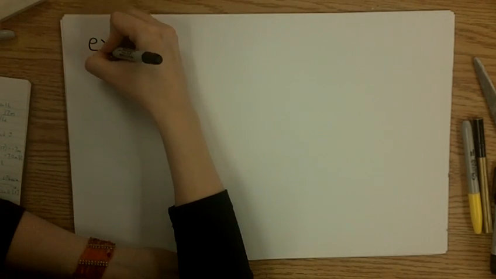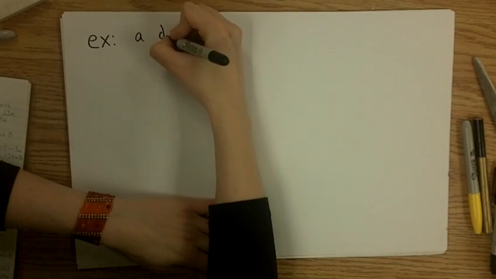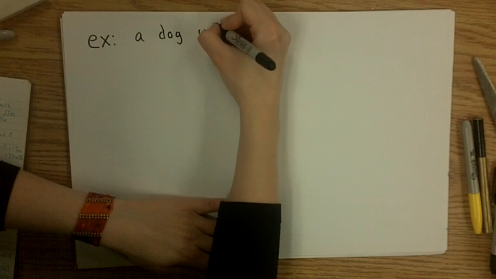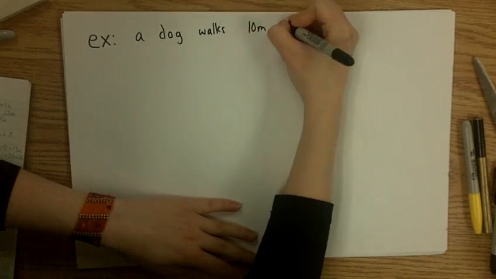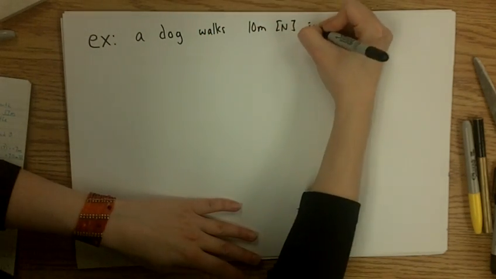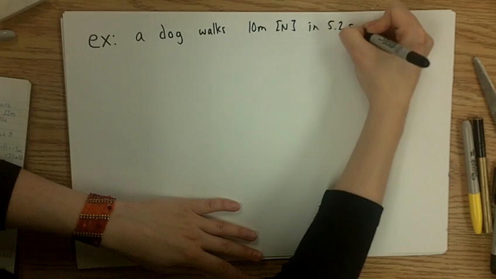Here's an example with math to show you how speed and velocity are different. A dog walks 10 meters north in 5.2 seconds.